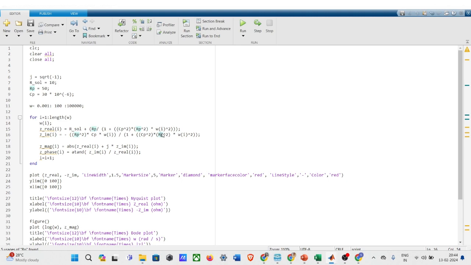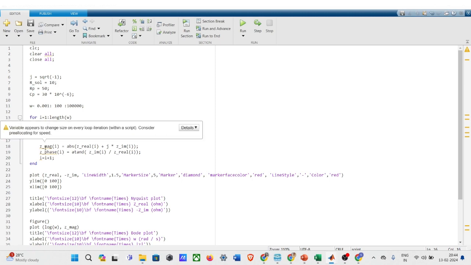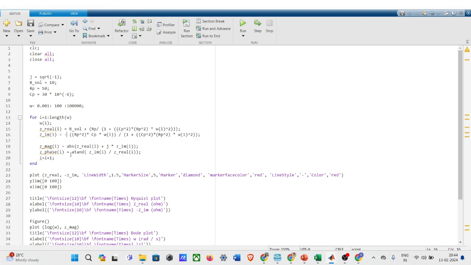I'll put that in a loop so that for different values of omega, the real and imaginary parts will be calculated. Then I'll calculate the magnitude, which is the absolute value of z real plus j into z imaginary. The phase will be nothing but tan inverse of imaginary by real. That's clear, right?